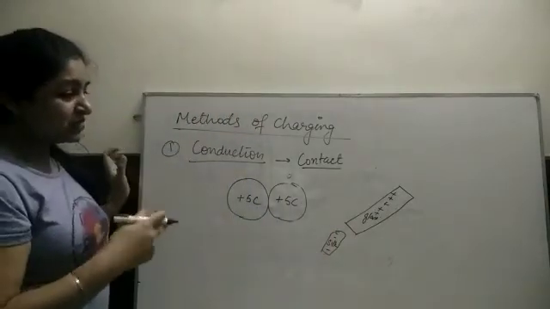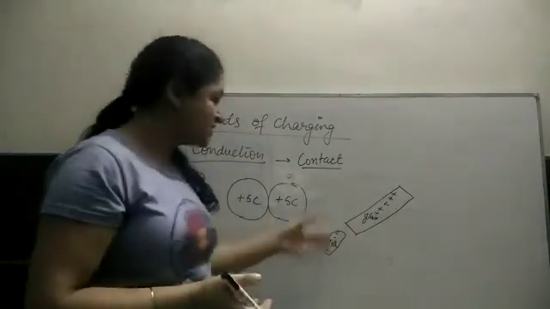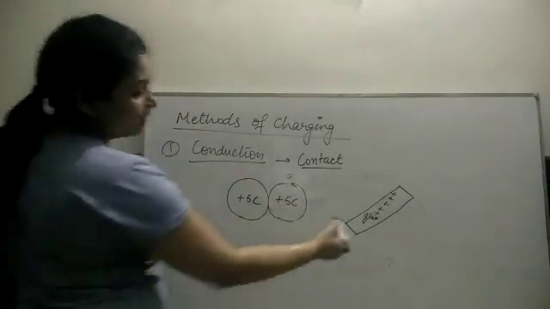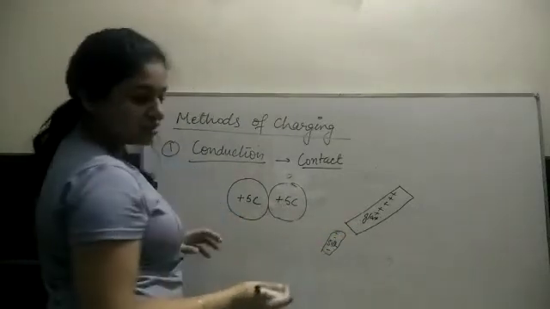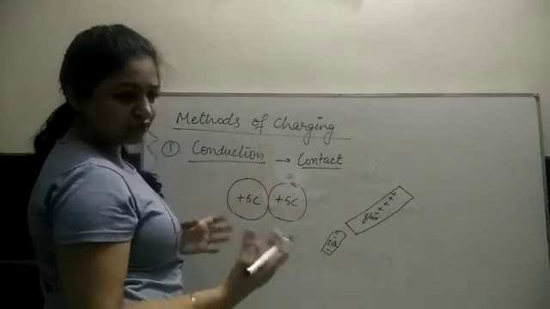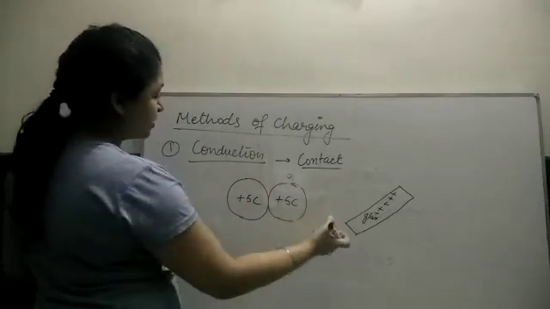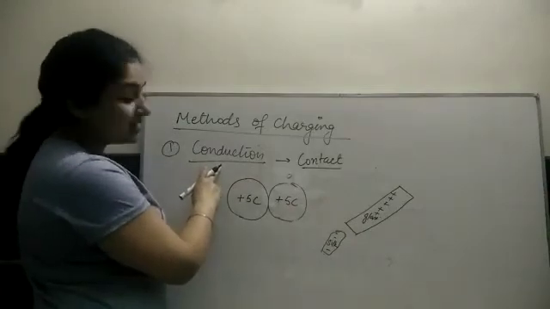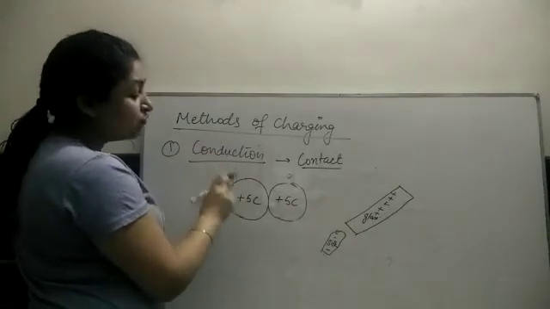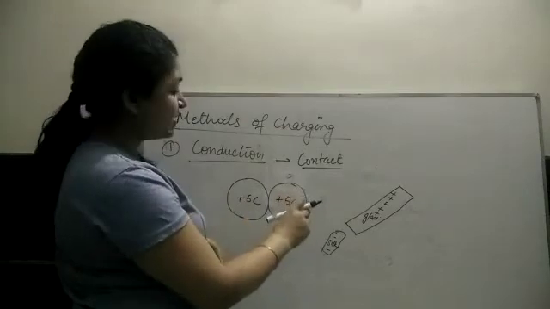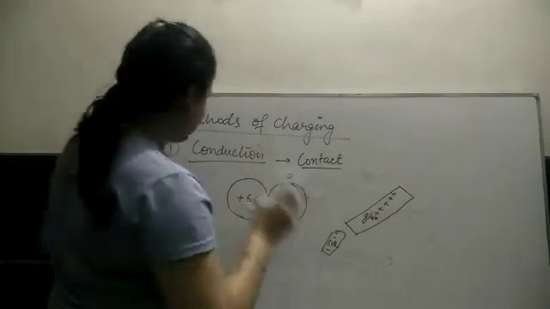Why is this so? Again because of the transfer of electrons. That is why both of the objects acquire the charge. So this is how we are charging the body by the contact of two bodies, and this method is called conduction. Here electrons are moving from one body to the other body and the bodies get charged.